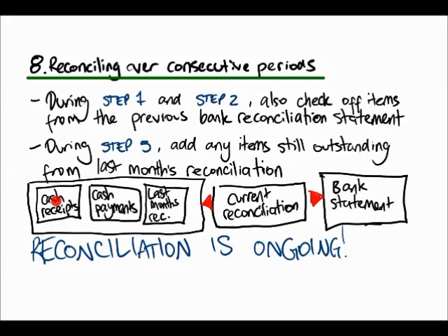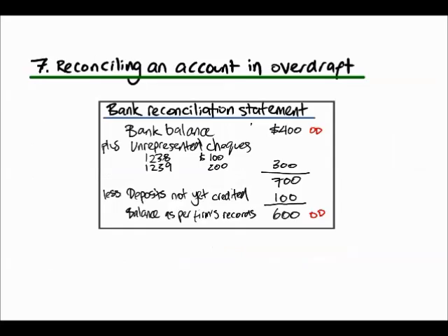So this diagram I've got here is showing you need to get your cash receipts journal, your cash payments journal, and last month's reconciliation, and on the other side of the diagram, you need to get the bank statement, and you need to compare these three things on the left to the one thing on the right and put the difference into the current reconciliation document.